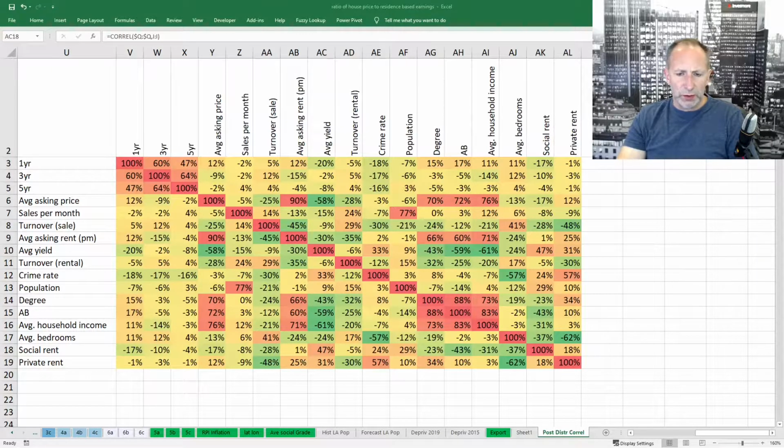There's obviously a huge correlation between asking price and higher asking price, lower yields for higher demographic people. That has a load of implications. So the other thing is crime, and how crime is not that correlated with anything in particular. So you can have expensive areas with high crime, poor areas with low crime, etc. And it all kind of balances itself out.